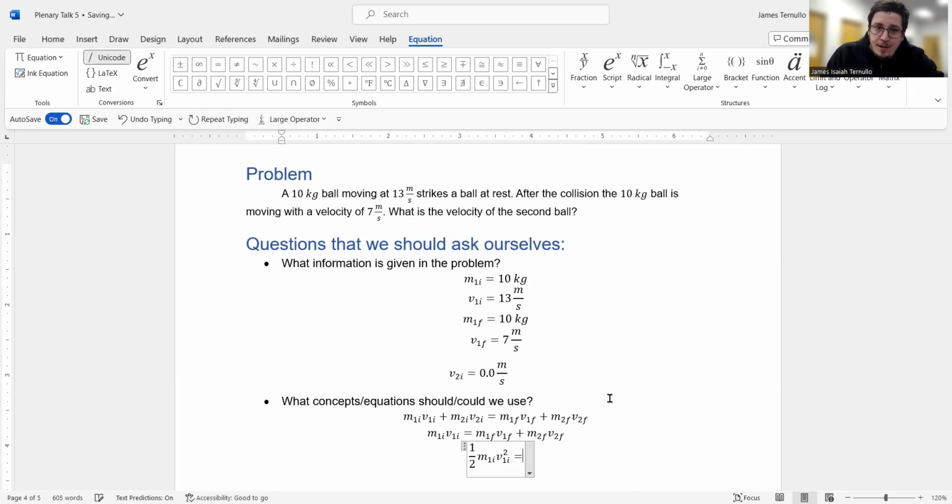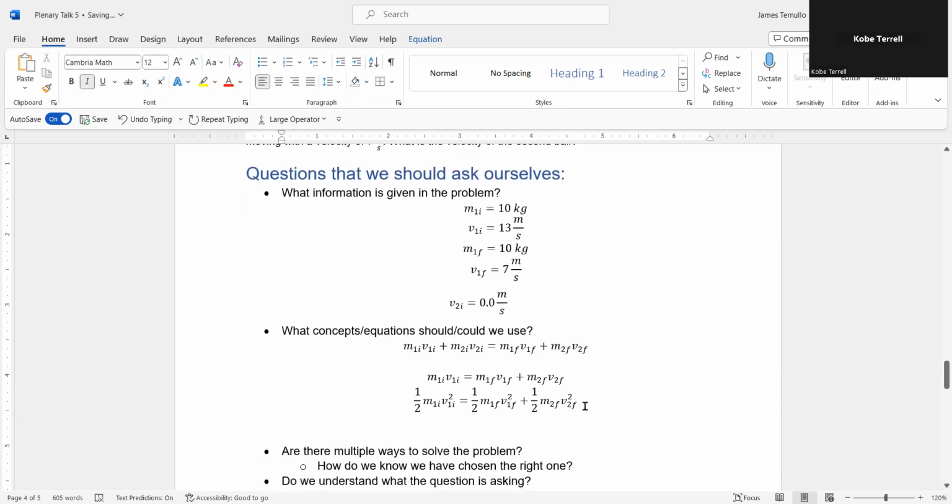Well, this is 0 for I. Okay, and so with these two equations, we have two unknowns and two equations. And so algebraically, we need to solve one of these for either M2 or V2, the final velocity, and plug it into the next.